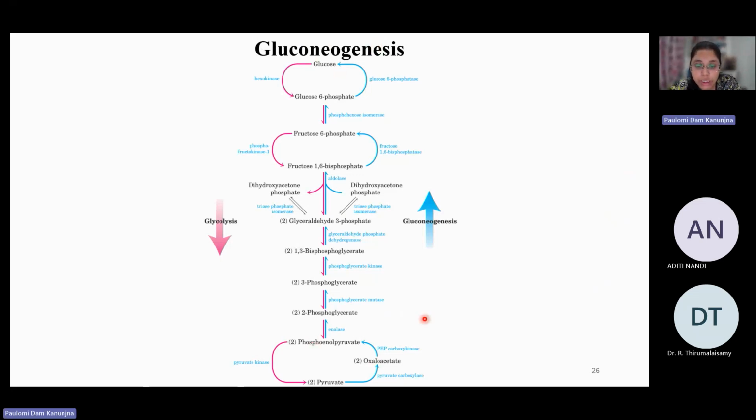So to come to glucose, I should start from here. Remember, PEP to pyruvate was an irreversible reaction. So pyruvate forming PEP is via the intermediate oxaloacetate. There are two enzymes involved here, pyruvate carboxylase and PEP carboxykinase.